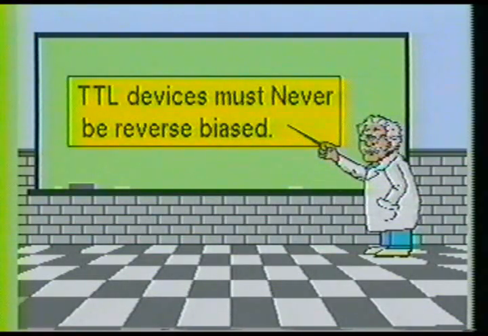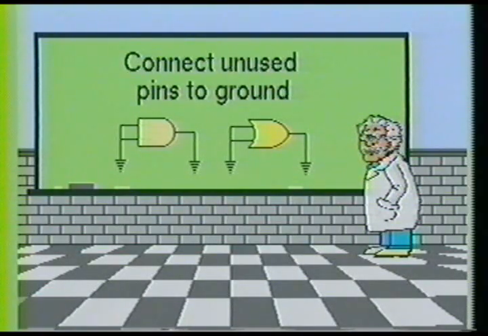TTL devices should never be subjected to reverse voltages, since this could destroy the device. Inputs on TTL gates should never be left open or floating because stray signals from nearby circuits can be induced into the gate, which will cause errors in the logic information.